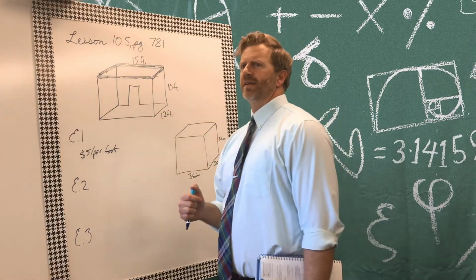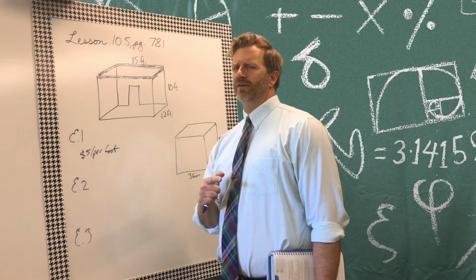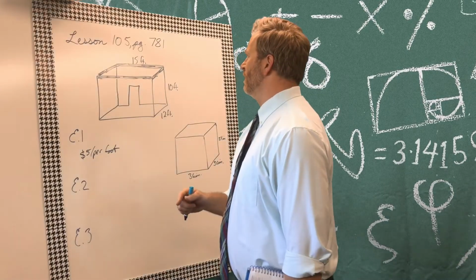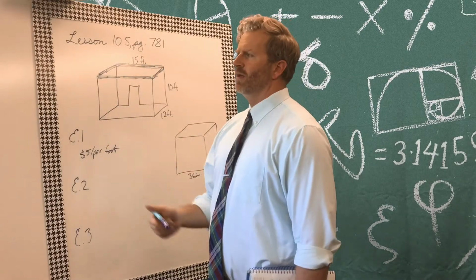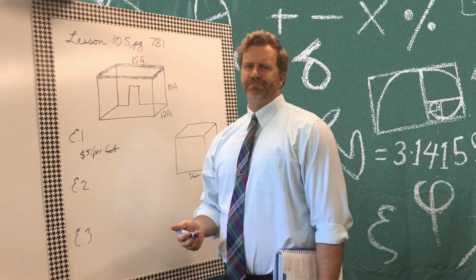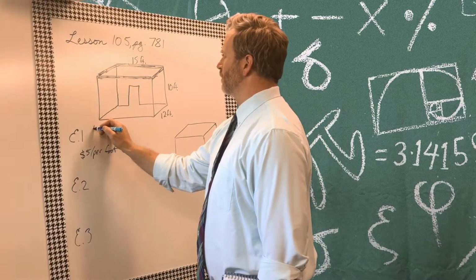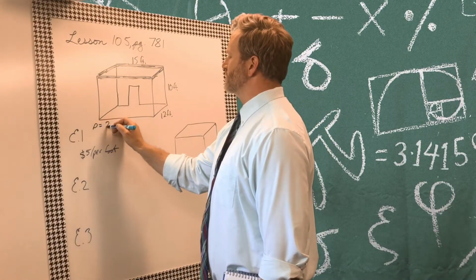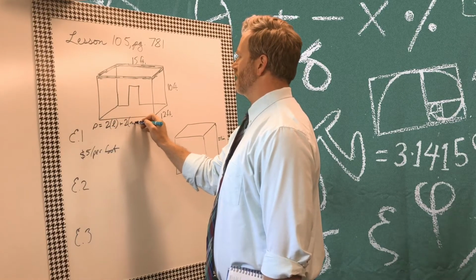Let's see, who hasn't answered anything in a while? Ryan, help me out. If I'm looking at just around the top, which one of those am I going to use? Perimeter, right? And remember, perimeter is 2 times the length plus 2 times the width.